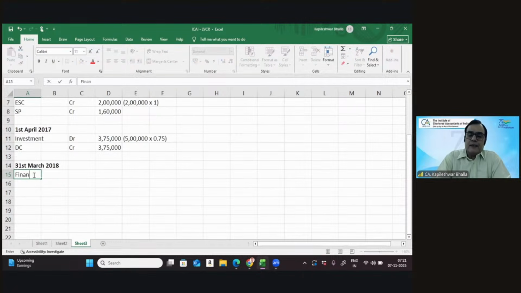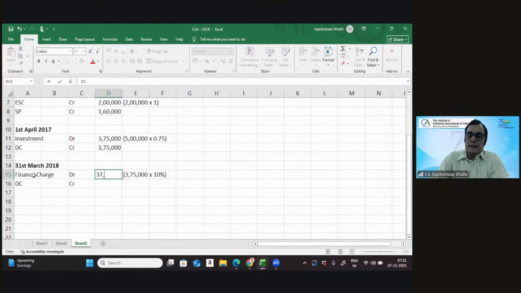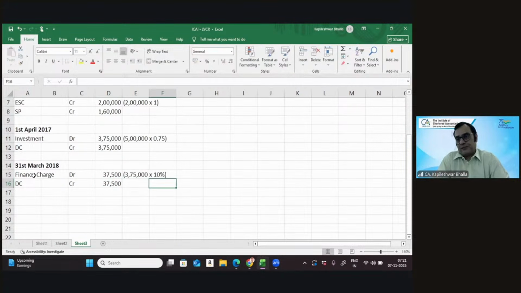Can I say the finance charge gets a debit and the deferred consideration gets a credit? So in this particular case, when you're going to do the unwinding, can I say on 3,75,000, we need to consider a 10% interest, and that works out at 37,500. That is the unwinding of the interest.